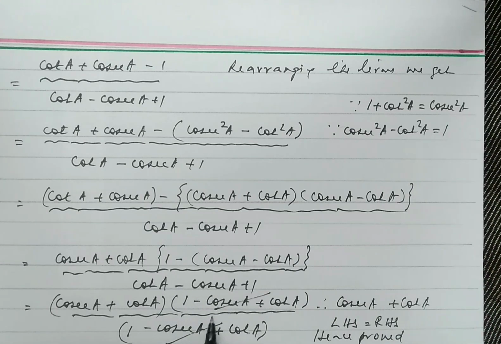Minus cosec can be written the same as this because we have a minus here, and cot A is plus. We can write that as well and cancel. And thus, finally, we get cosec A plus cot A, which is the right hand side which we were aiming to equate with. So LHS is equal to RHS, hence proved.